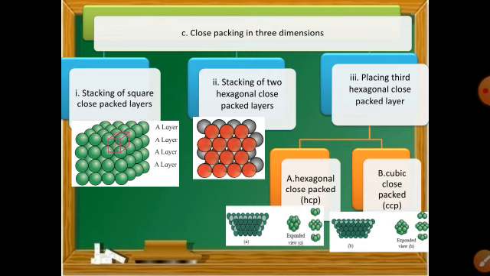The first layer and third layer have exactly a reverse arrangement, and that's why the structure of the unit cell we get is a cubic close pack structure, or a cubic close pack unit cell. So because the arrangement of the first and the third layer is different, the shape is different. I hope you have understood till here.